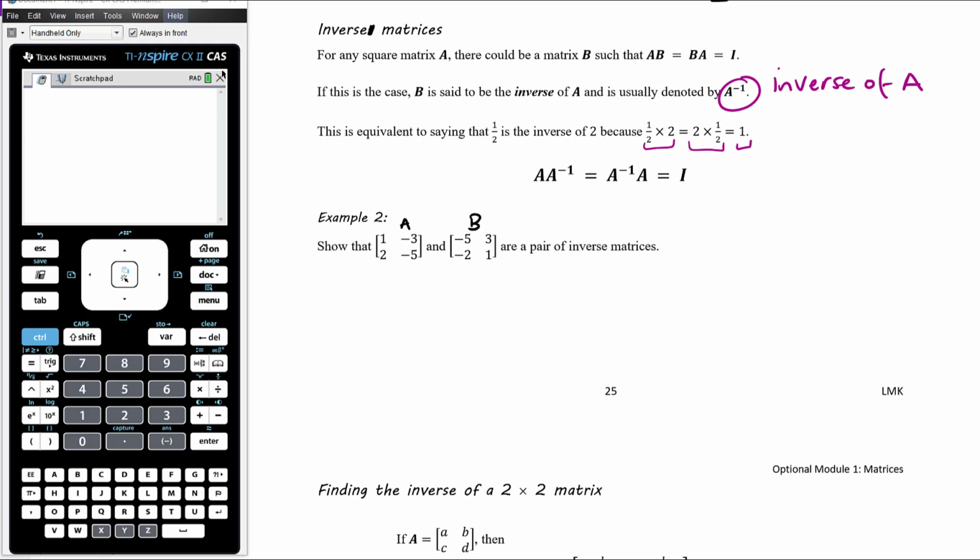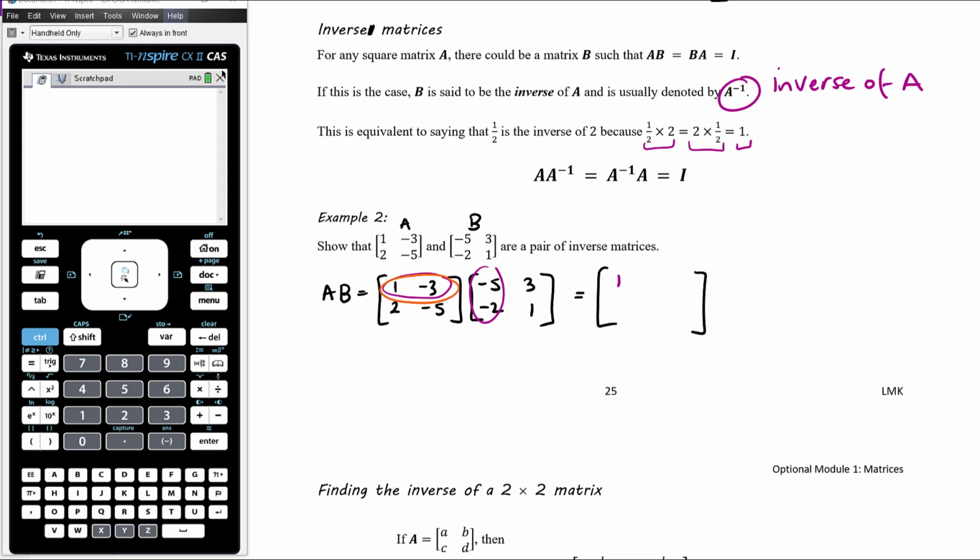So if we call that A and that B, if we do A times B, we get 1, -3, 2, -5, and we multiply that by -5, 3, -2, 1, and again, top row times left column, 1 times -5 is -5, plus -3 times -2 is +6, so -5 plus +6 gives us 1. Top row times right column, 1 times 3 is 3, plus -3 times 1, which is -3, so 3 plus -3 is 0.